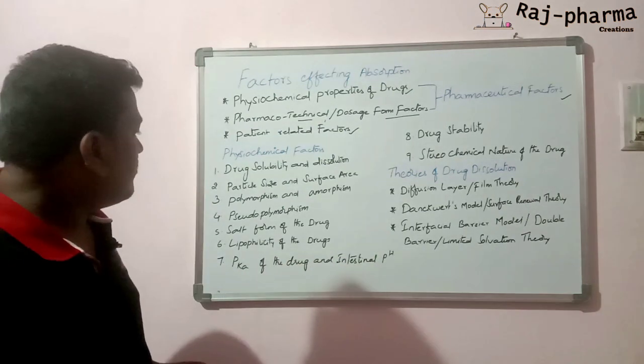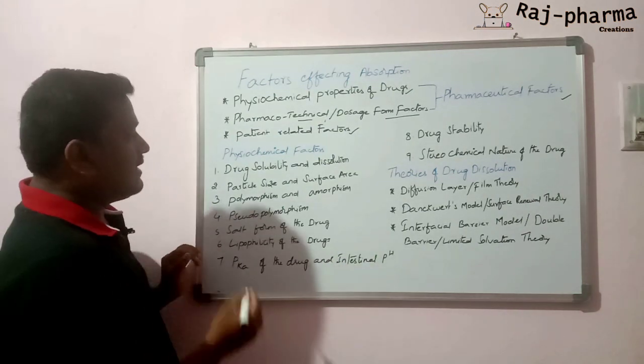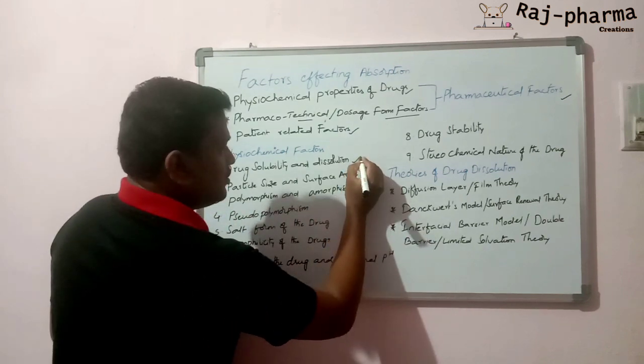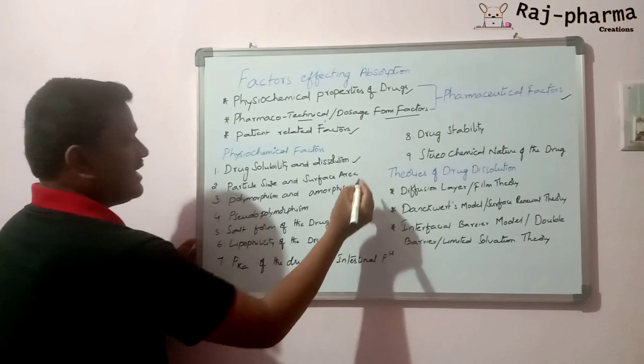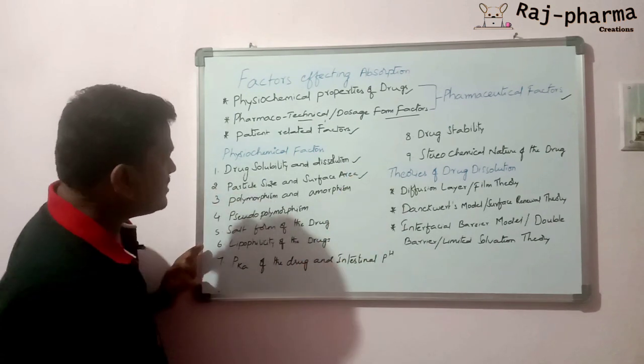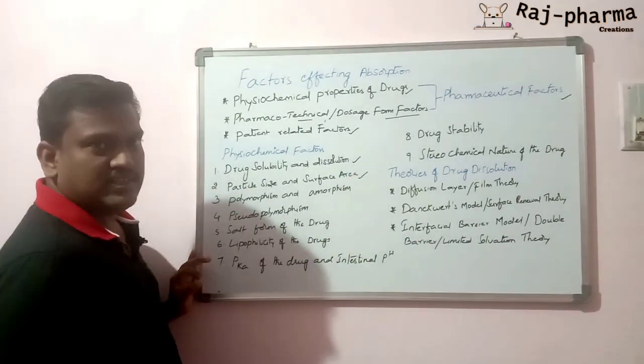In physicochemical factors, one is drug solubility and dissolution. The second factor, a very important one, is particle size and surface area.